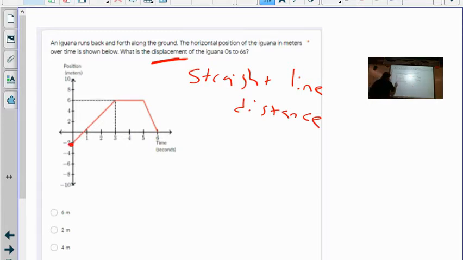If you start at -2, and this is after 6 seconds, it ends right there. It went from -2 to 0, so it would be 2 meters. Okay, so it started here, it ended there. That's the displacement. Now the distance would be a much larger number.